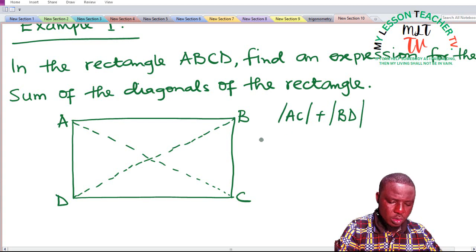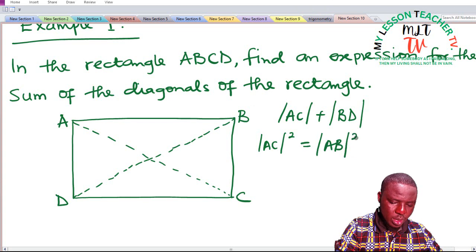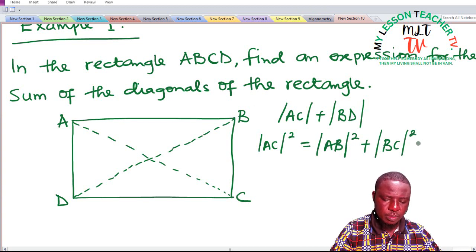For I know that AC squared, if you consider line AC in triangle ABC, you agree with me that this is equal to the sum of AB squared plus BC squared. The reason is said to be Pythagoras theorem.